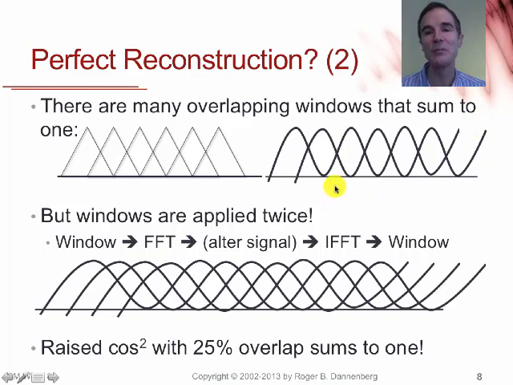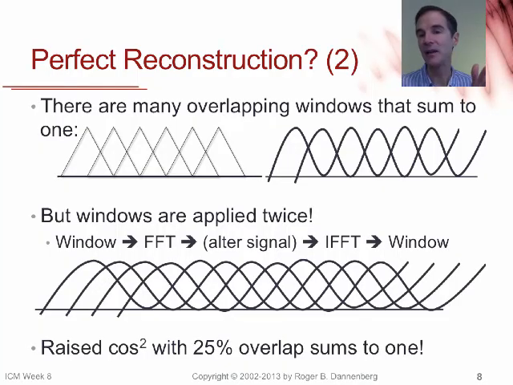So that gives us hope, but here's another problem. We want to apply windows twice. First, in the time domain, we apply the window, do an FFT, and do some processing on the signal, which is going to change it. Then we do an inverse FFT, and because we altered the signal, the inverse FFT is not going to give us this smoothly windowed function anymore.